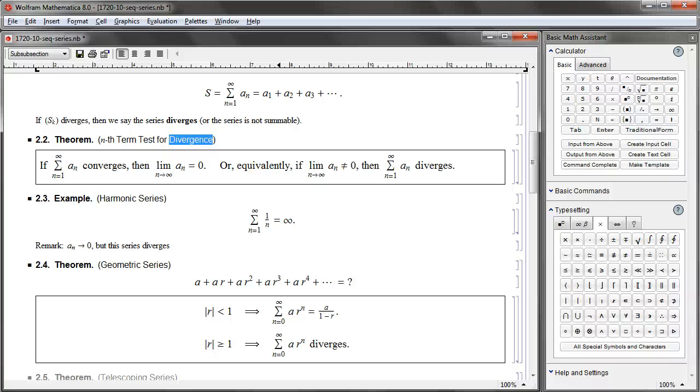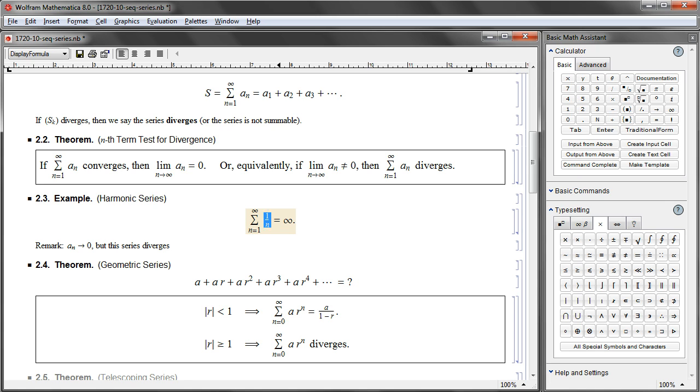Sometimes. The statement goes like this. If a certain series converges, then the limit of the general term is 0. So what does that mean? If the limit of the general term is 0, does that mean the series converges? No, in general, no. I cannot emphasize that too much. And here's a nice counterexample right there. Harmonic series.